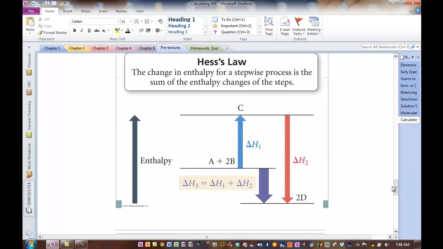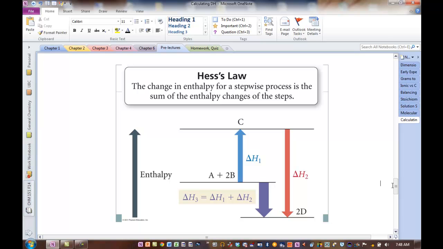So here's a figure from the textbook. It's just showing which delta H we want. We want this delta H here. We want that difference between reactants and products. Okay, so that's the delta we want, but maybe we can't calculate that directly.